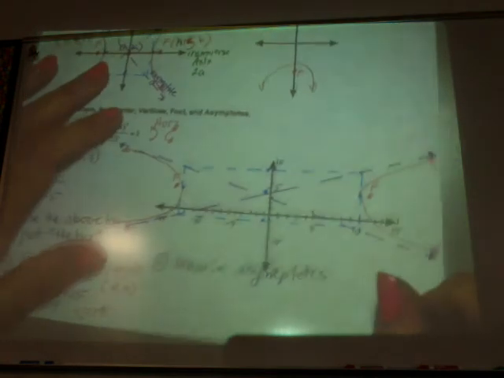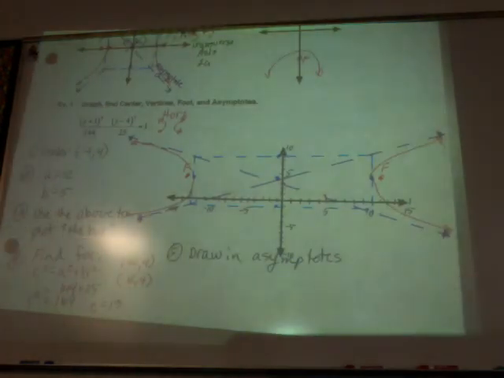I just need to see an attempt made to approach those asymptotes. And then the fun part is we get to write the equation of the asymptotes. Yippee! No, just don't cross it. I'll know what you're doing.